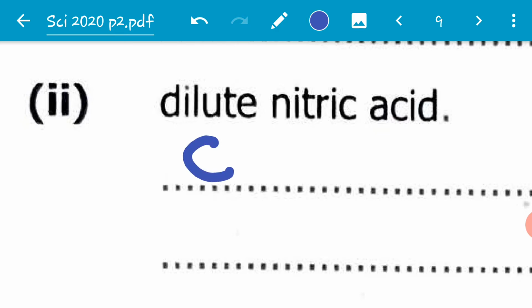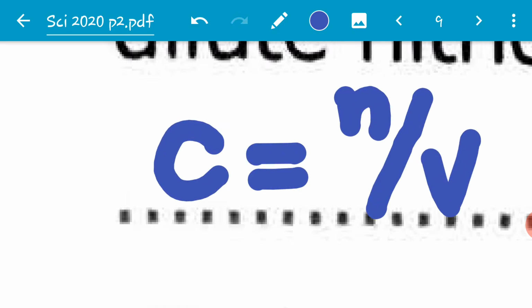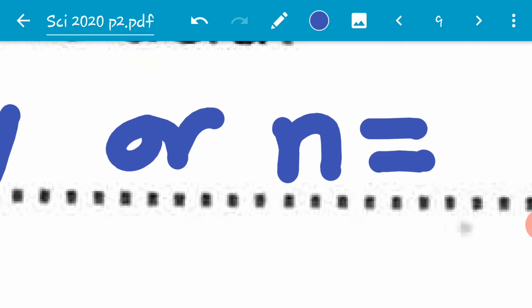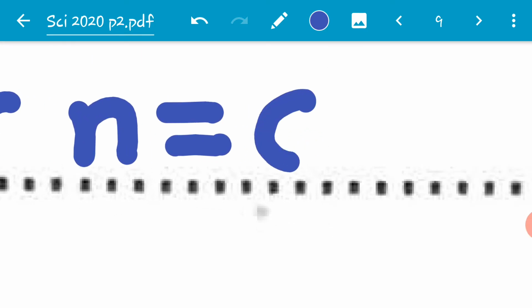We know that concentration is equal to number of moles over volume. But we are looking for the number of moles. Therefore, number of moles is equal to concentration times volume.